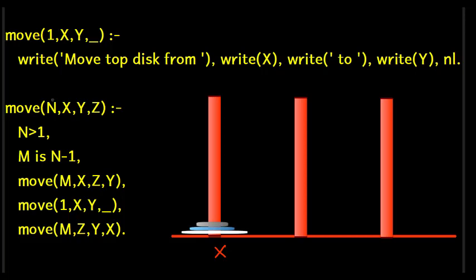We need to move n number of rings from x to y. So this is our y, and this is the intermediate. While executing the program, I will consider this as the source. Instead of x, I will write source, because x in this case is the variable, and this is the destination, and this is the intermediate.